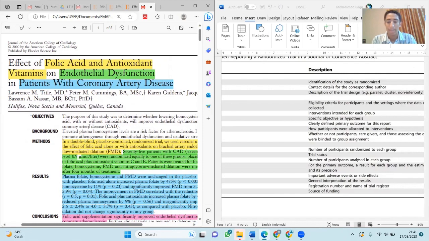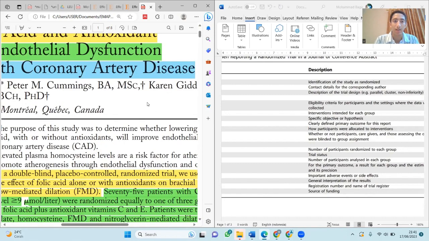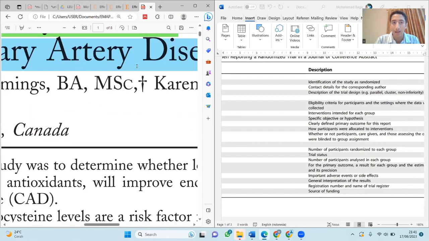Because the writer is dead. I say this because there is a symbol of death next to the name. So the writer is dead.